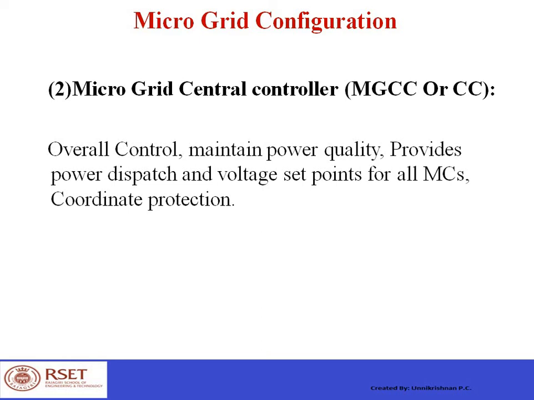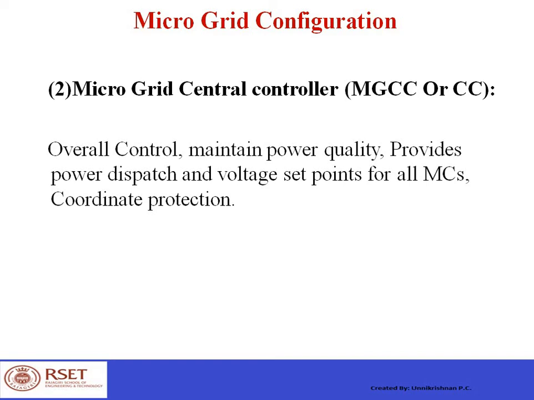So whenever the microgrid goes into an islanding mode, the load dispatching activity has to be taken care of by the central controller. The central controller will decide what load is shared by each and every micro source, and that is called the power dispatch.